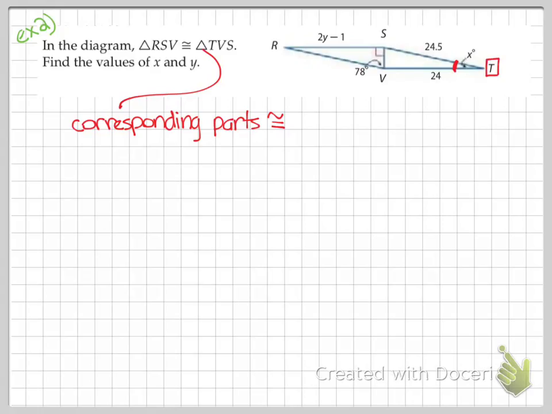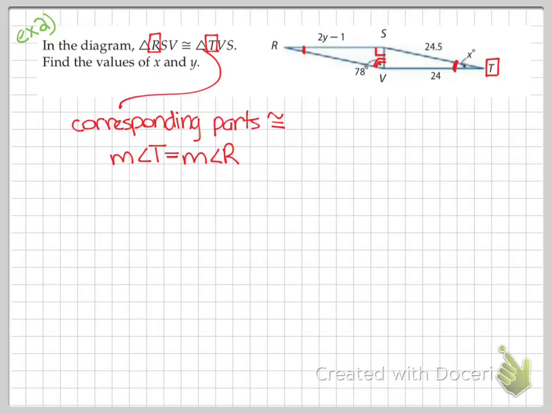If you look at your congruent statement, angle T pairs up with angle R. They are both in the first position. So I know that the measure of angle T is equal to the measure of angle R. Now if we can find the measure of angle R, then I know the measure of angle T. Looking at R, we don't know it, but we do know that S is 90 and that this angle is 78.